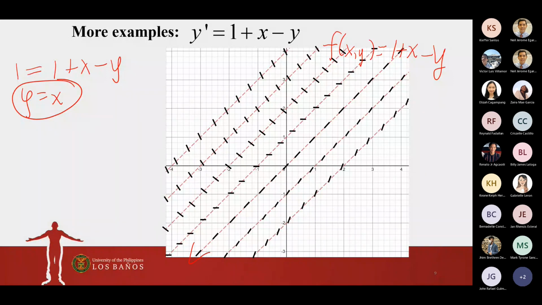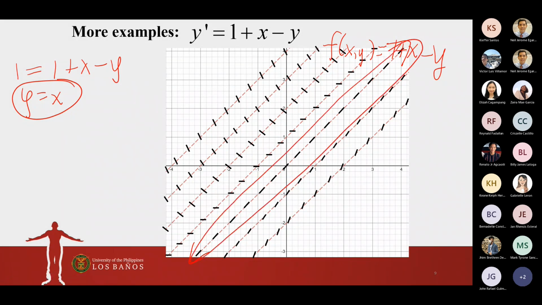Ito siya. Tapos kay y equals x, mga segments ng slope ay 1. Mga line elements ng slope ay 1. So that's how you got this part of the direction field.